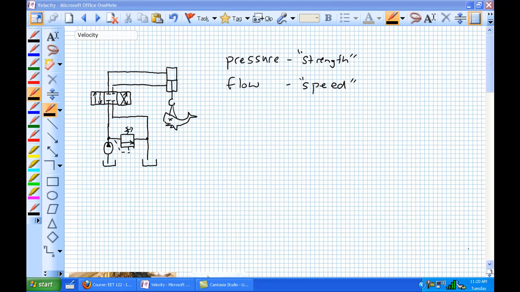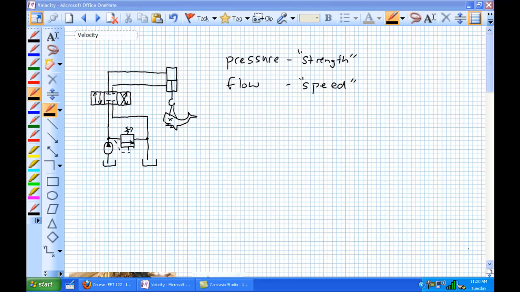We had a demonstration of hydraulic power, and we're lifting something, and we also played around with the pressure relief valve. And one of the critical things you should be coming away from that lab with is if you adjust the pressure relief valve, you are adjusting the strength of the system, basically the ability of that system to produce force.